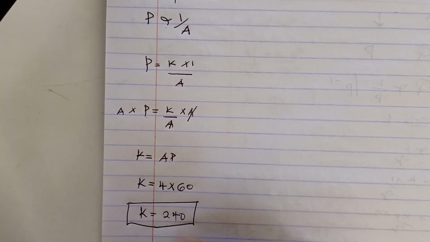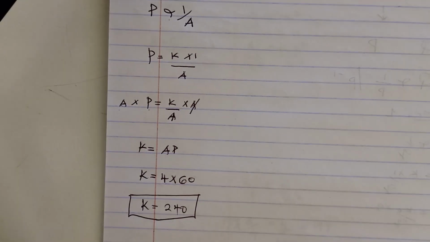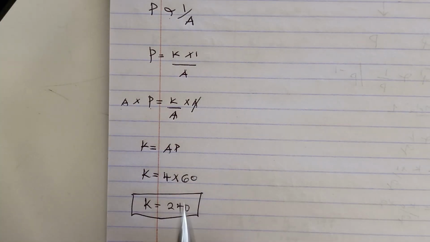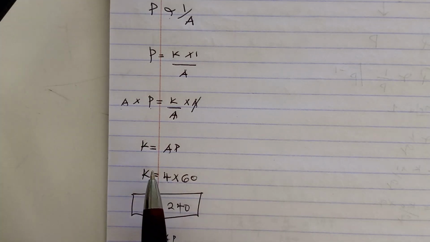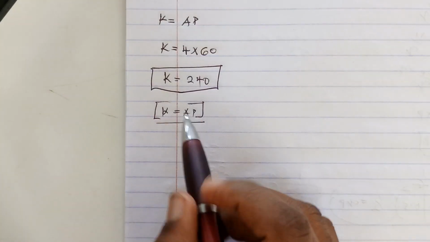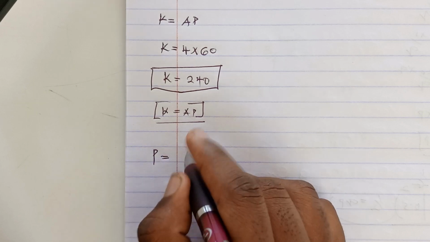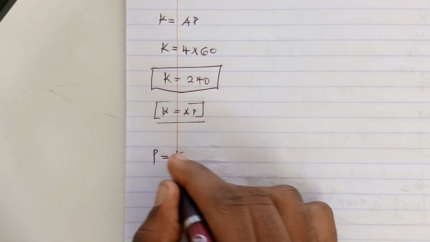But the question tells you you're supposed to find an equation connecting P and A. Simple. So in this case, we said that K is equals to AP. So the equation connecting the two will be, we said that P is equals to the constant over area.